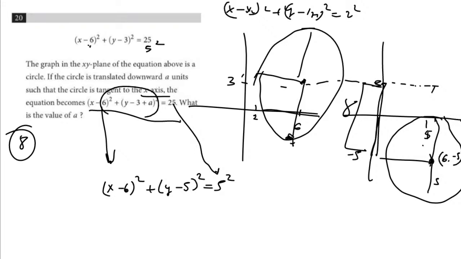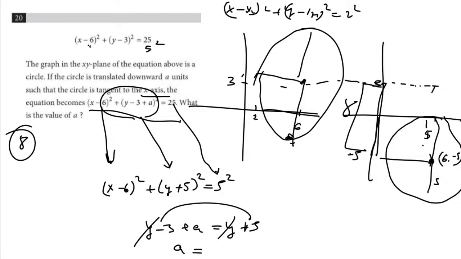This one should equal the translated one, so y minus 3 plus a equals y minus 5. Get rid of y, a equals... wait a minute. If it's minus, it should be plus. Excuse me, sorry. So it's plus, so this is translated here. So 5 plus 3 equals 8.